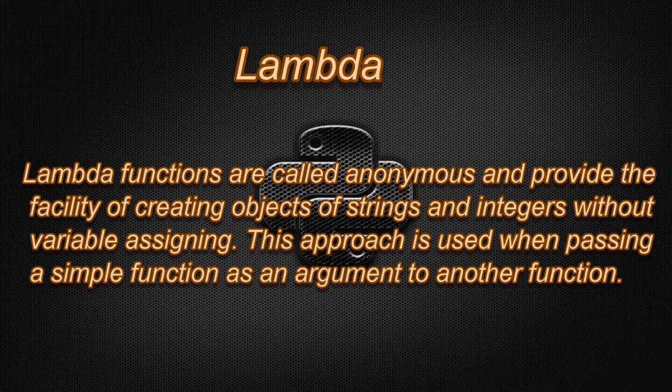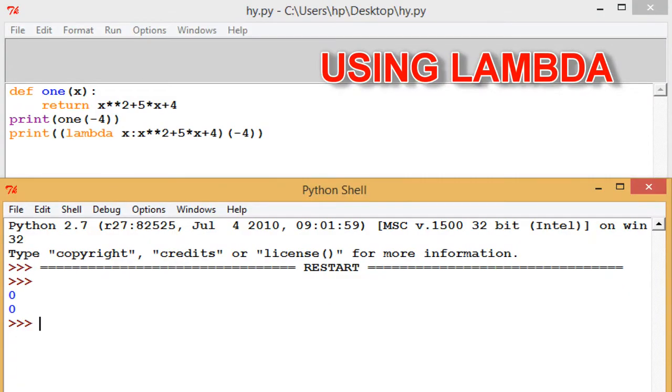So here let us take an example. First I am performing a function named one, which I have used to evaluate a polynomial. I am writing a function that takes a value of x and works on that particular value, and then I have used a return statement in which I am returning that polynomial. After that I have used a print statement, passing minus 4.